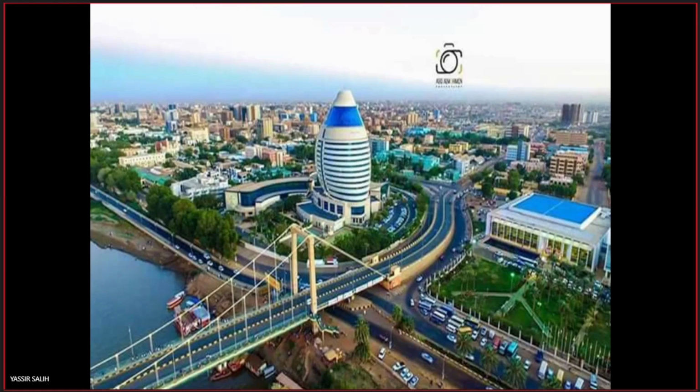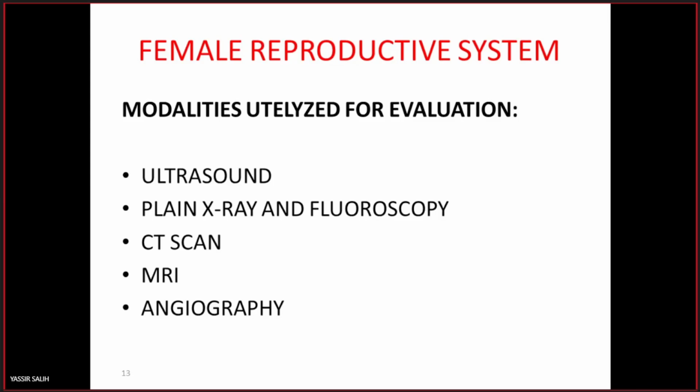We finish the male reproductive system imaging, and now we are going to jump to the female reproductive system. Also, the imaging modalities that commonly used for evaluation of the female reproductive system are ultrasonography, plain X-ray or conventional X-ray and fluoroscopy.